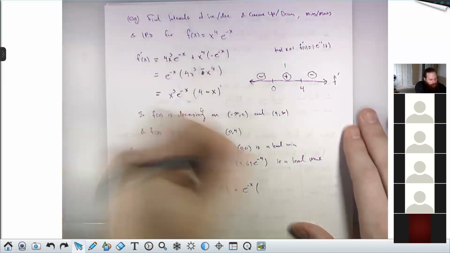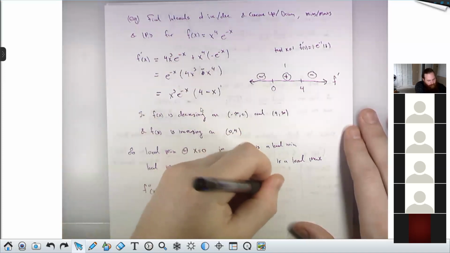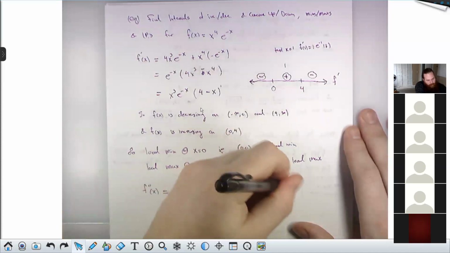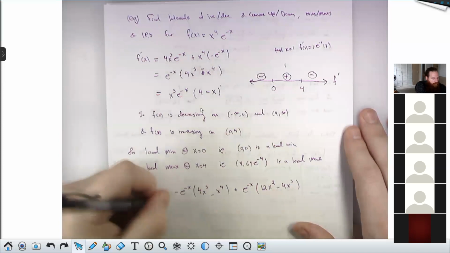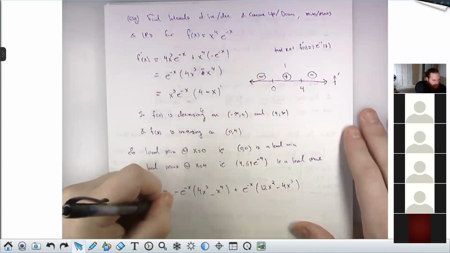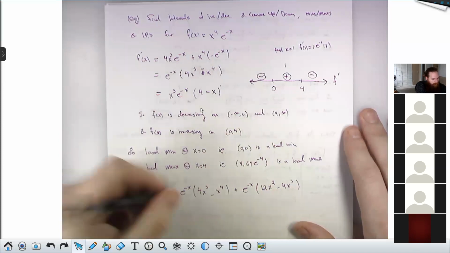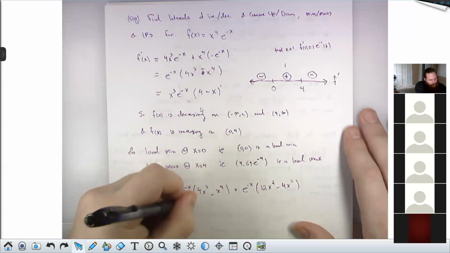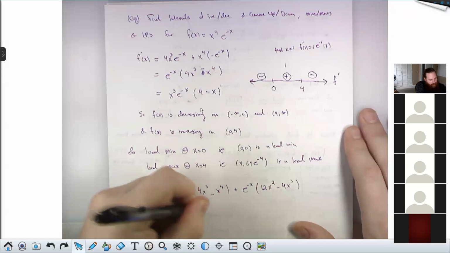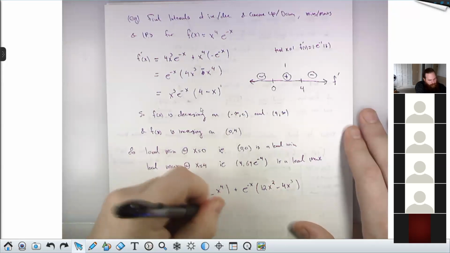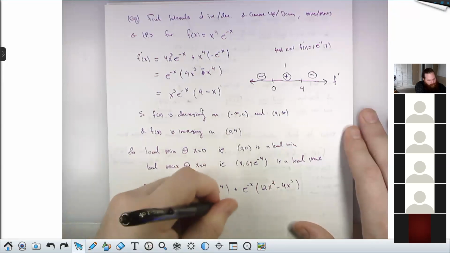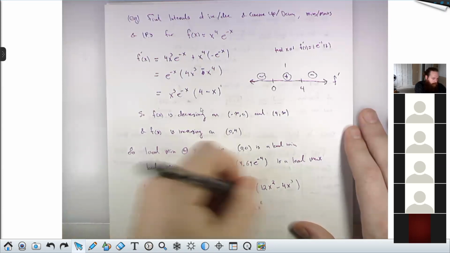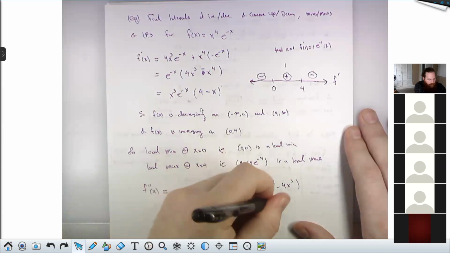That's going to be 12x squared minus 4x cubed. I can factor the e to the negative x out. And what's left is negative 4x cubed minus x to the 4 plus 12x squared minus 4x cubed.